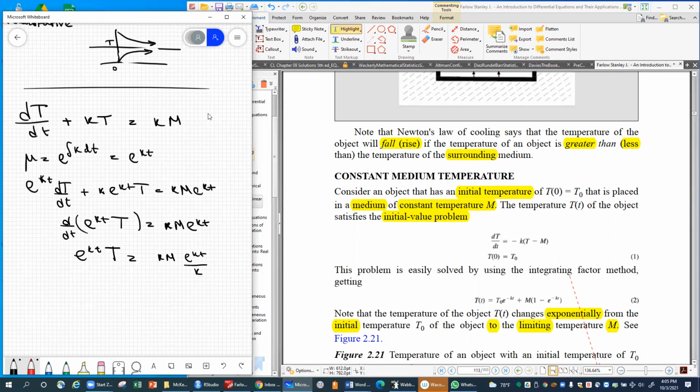You get an extra k here, canceling this k. So you have e^(kt) T equals M e^(kt), well, plus C, and then we divide by e^(kt).